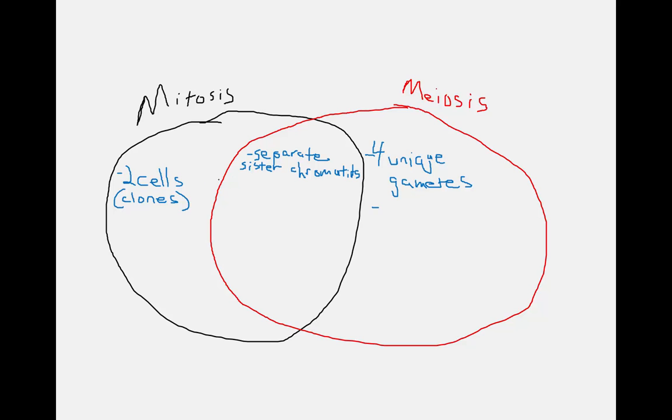For something they both share, you could write it in the middle: interphase copies the DNA before. So we have sister chromatids before mitosis, and we have sister chromatids before meiosis. So that's something they both share too.